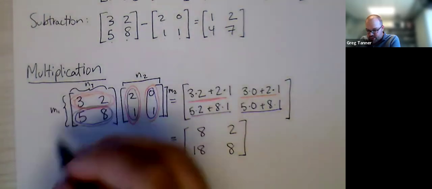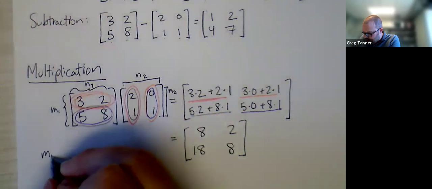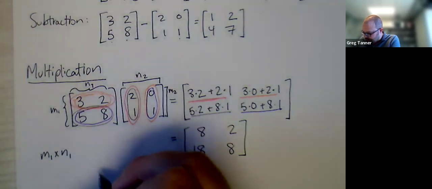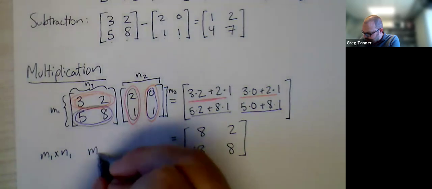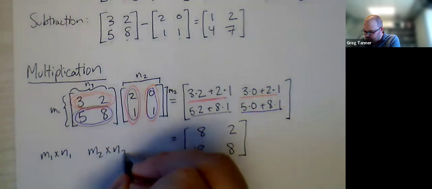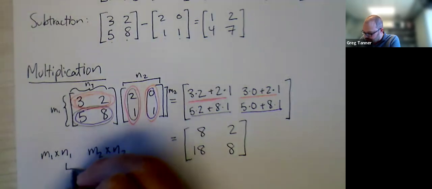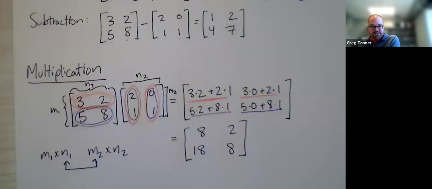Then we'd call this first matrix an M1 times N1 matrix, and we're multiplying by an M2 by N2 matrix. And for the matrix multiplication to work, these two numbers must be the same.